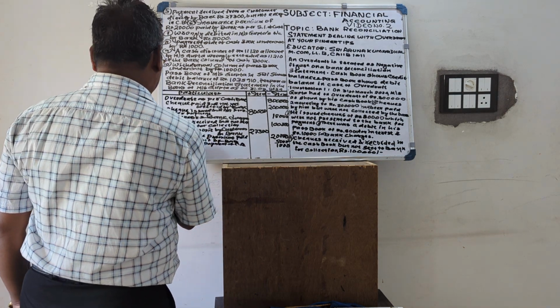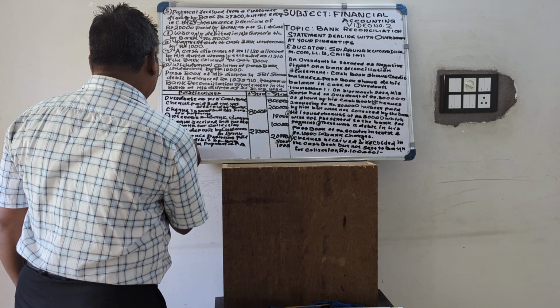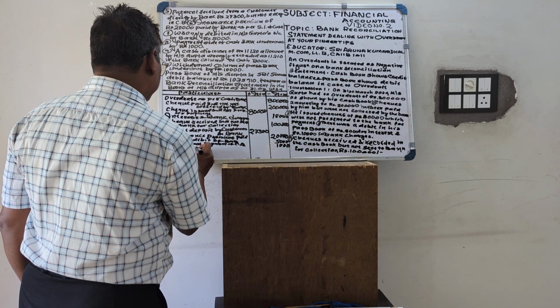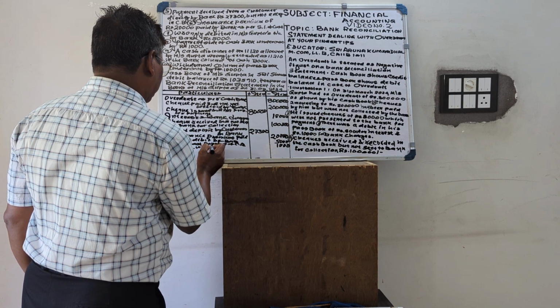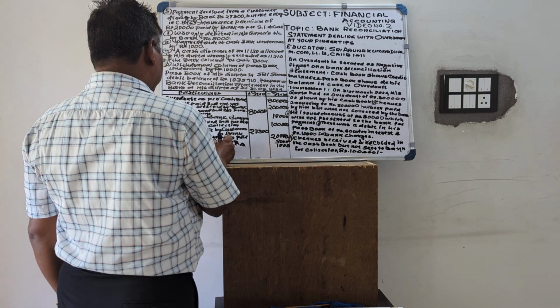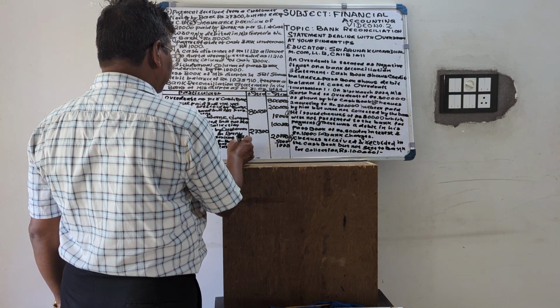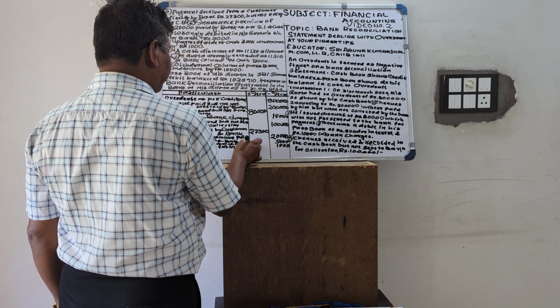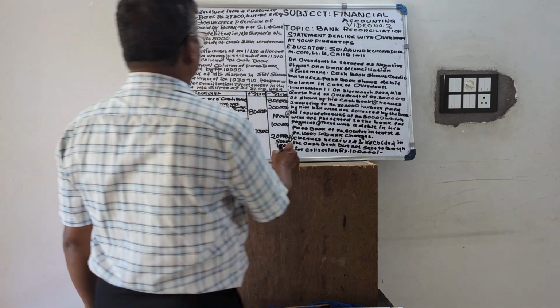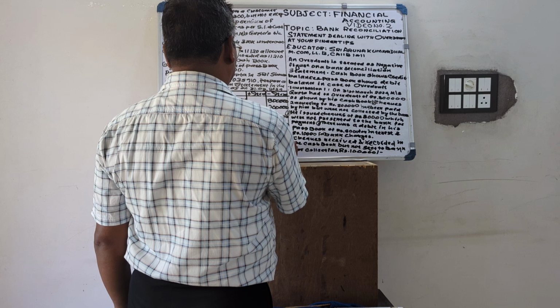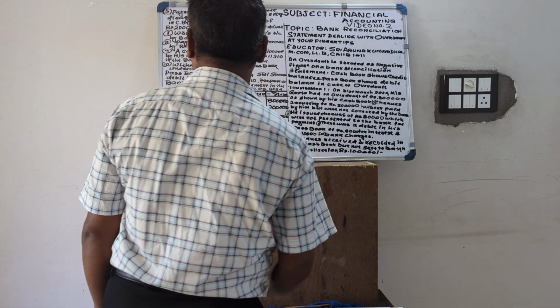That is, cash discount wrongly entered in the debit side of the bank column. So it is 1,120, we have to deduct 1,120.